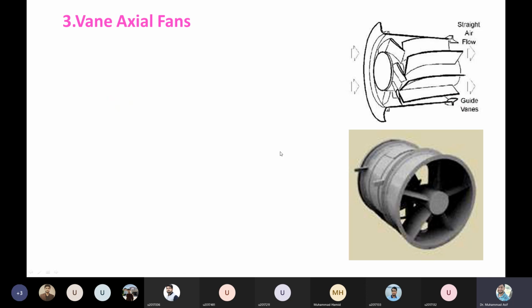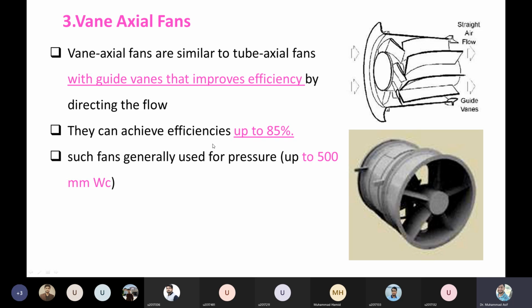As a result of installing the guide vanes, the efficiency is improved by directing the flow. They can have efficiency up to 85%. If the efficiency is more than 80, that's a very good efficiency, and it can be used to create pressure up to 500 millimeter of water column. So this is the maximum pressure that an axial fan can have.